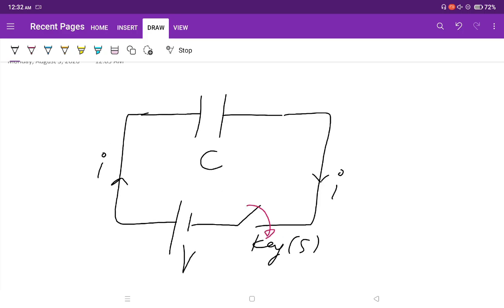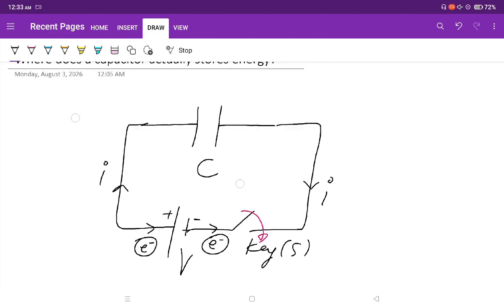What we have previously seen is that the electrons come out from the negative terminal and go in at the positive terminal.